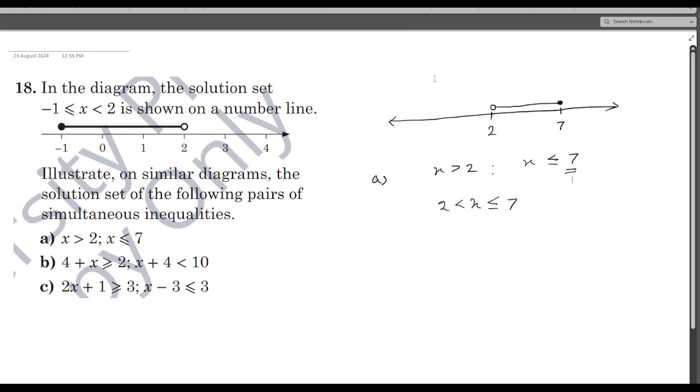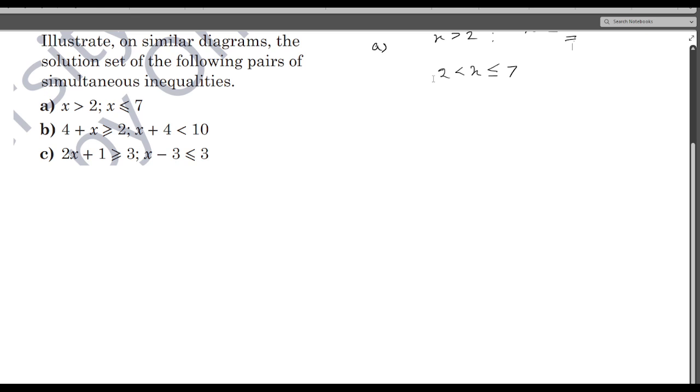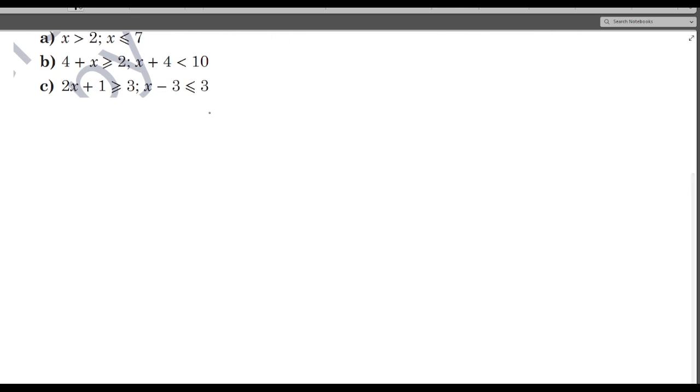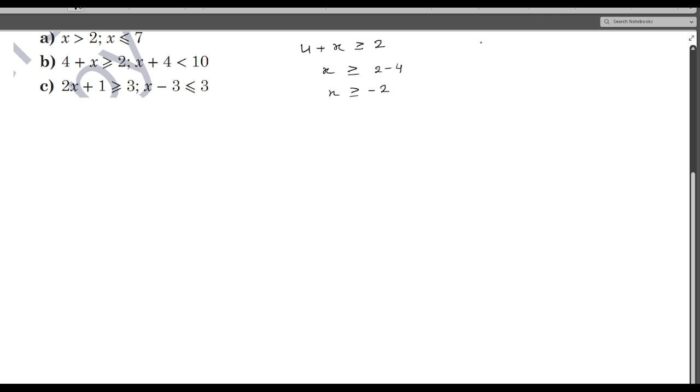Okay, now B. So B is 4 plus x greater than or equal to 2. So that means your x is greater than or equal to 2 minus 4. X is greater than or equal to minus 2. And x plus 4 is less than 10. So that gives me x is less than 10 minus 4, which is 6.